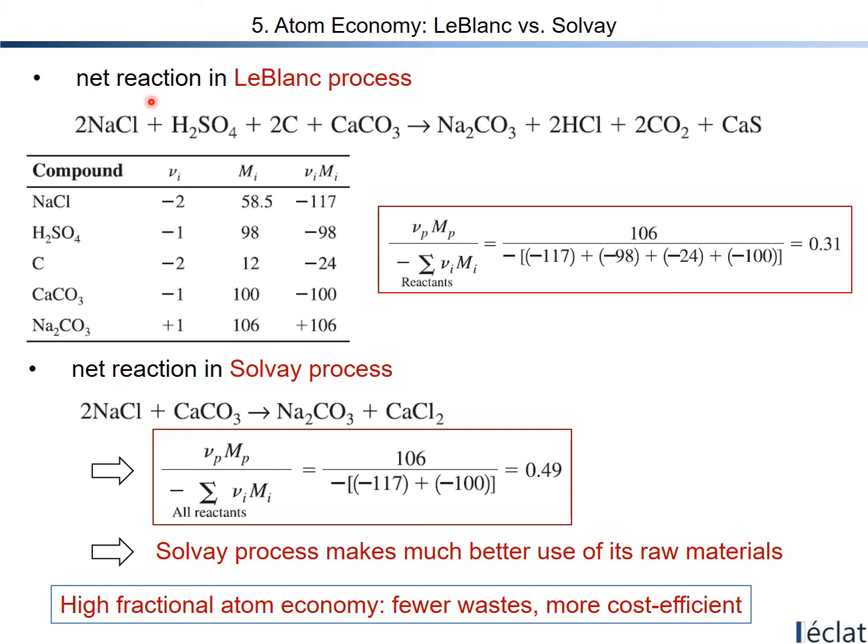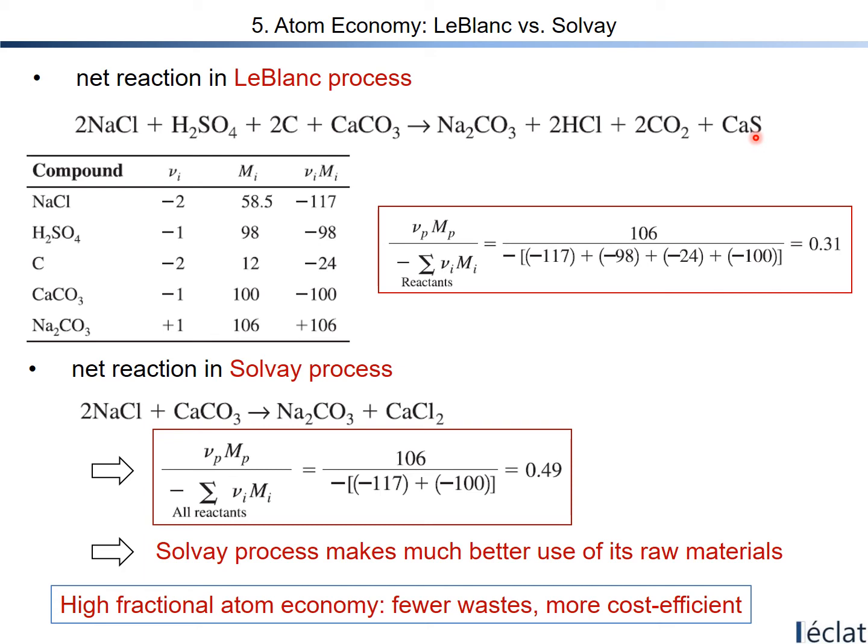So here is the net reaction in the Leblanc process: sodium chloride, calcium carbonate in the presence of sulfuric acid and carbon. Then finally we obtain the desired product, which is sodium carbonate, and the byproducts HCl, CO2, calcium sulfide.